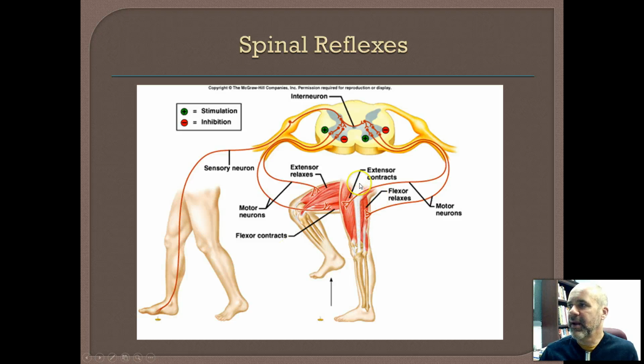Okay, now over on the opposite side of the body, if you step on a tack like this guy with your right foot, you don't want to simultaneously lift up your left foot because then you'd fall down to the ground. So you need to do the opposite over on this side. So interneurons send impulses over to the other side of the spinal cord to other interneurons, and you're going to have synapses here that are involved in eventually stimulating extensor muscles on this side so that they contract, and you want to relax your flexor so that you don't bend the knee.